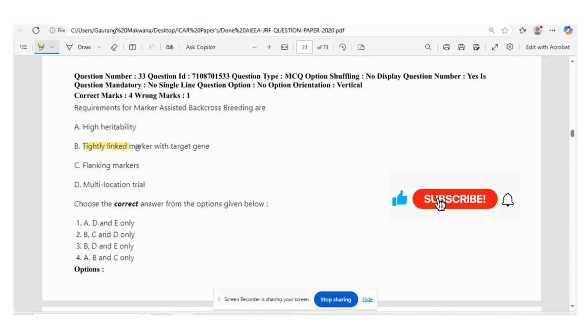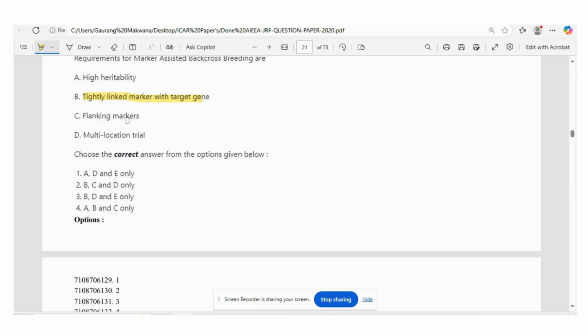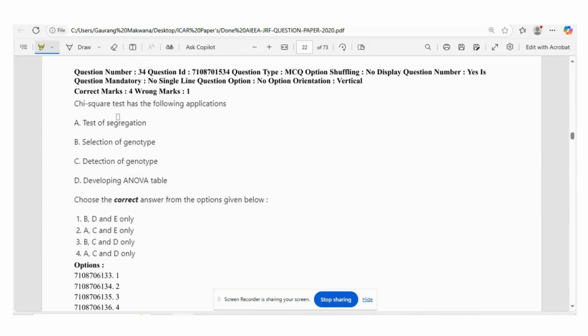Then, the requirement for marker assisted backcross breeding is a tightly linked marker with a target gene. MABB, that means marker assisted backcross breeding, is the transfer of a specific target gene, like disease resistance or drought resistance, from a donor parent to an elite variety. The others are not relatable. Then, the chi-square test has the following application.